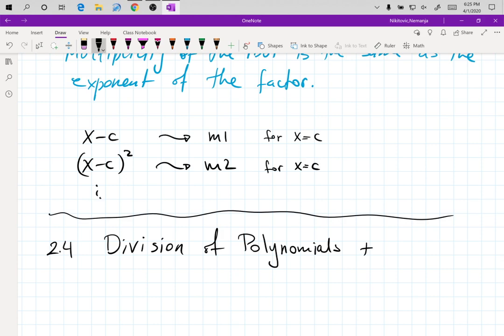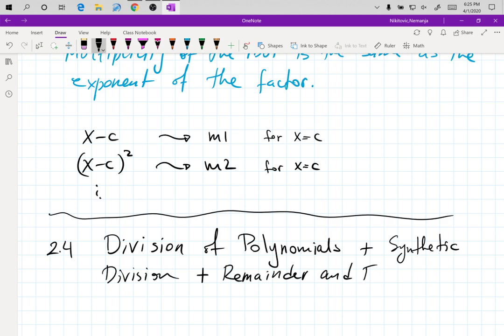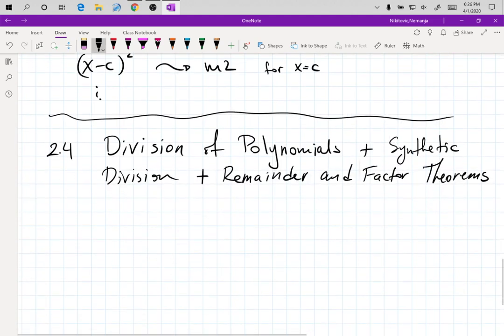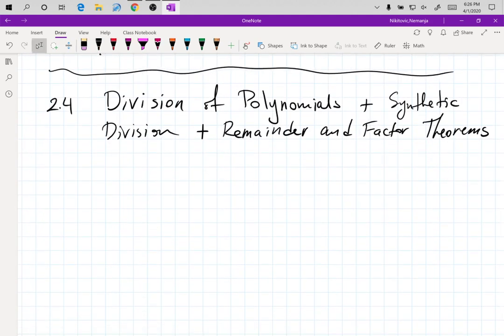So division of polynomials plus synthetic division plus remainder and factor theorems. All of that stuff in 2.4.